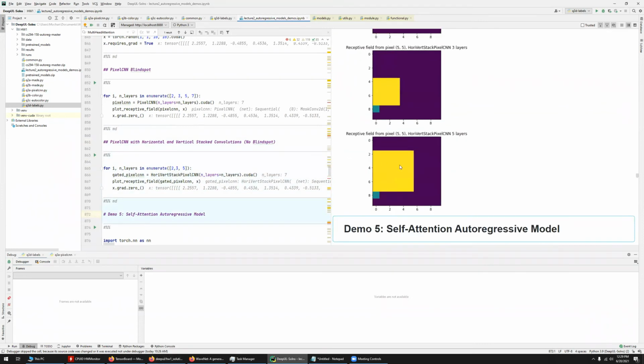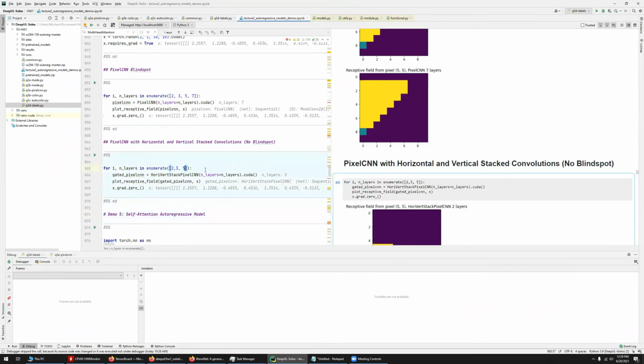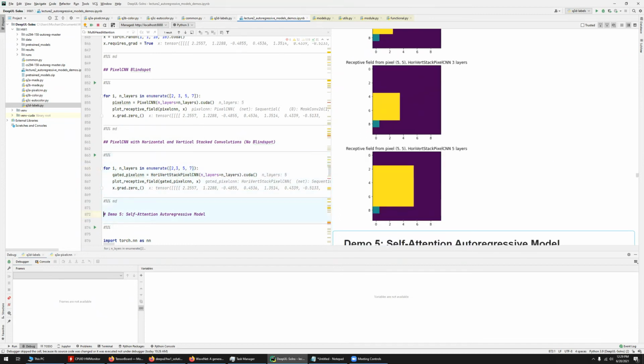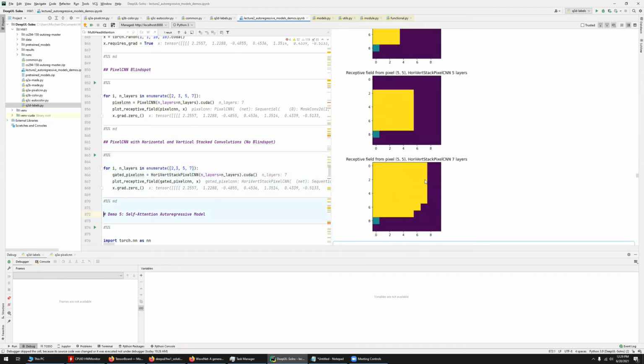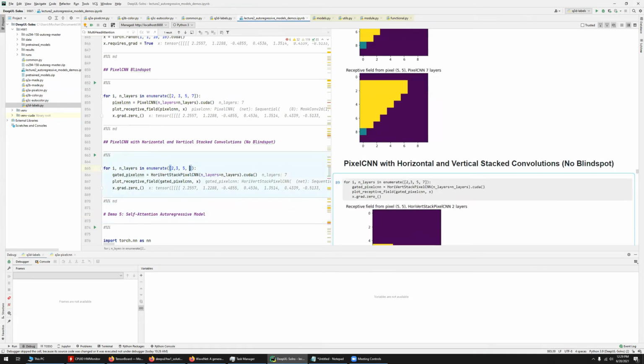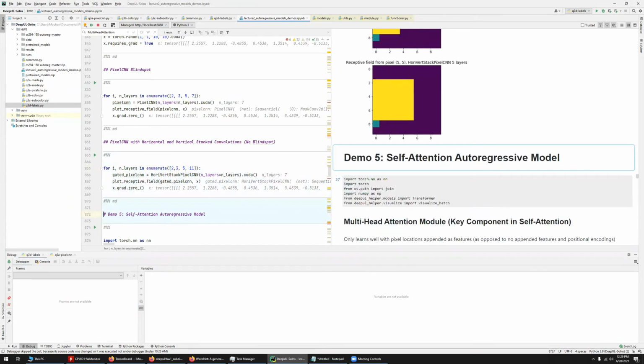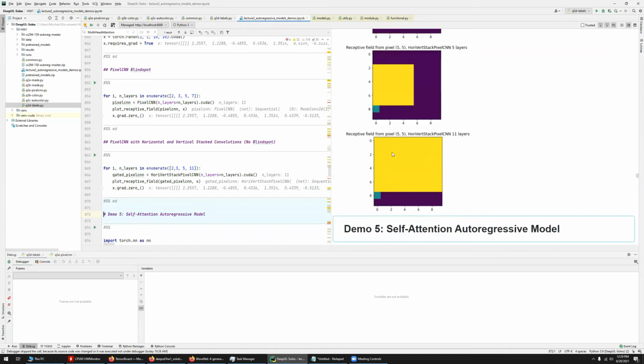And this is, oh, I should do 7 also. So this kind of fixes the problem here. If we do more, I think it will be covered up. So after 11, almost everything is covered up, so there's no blind spot.